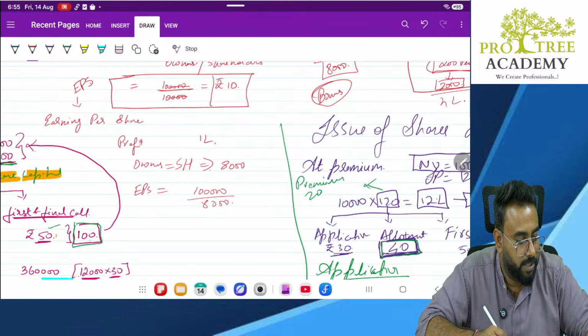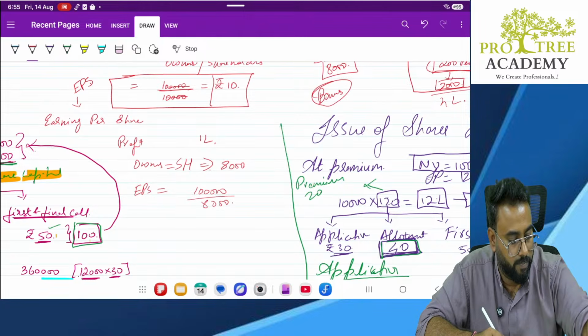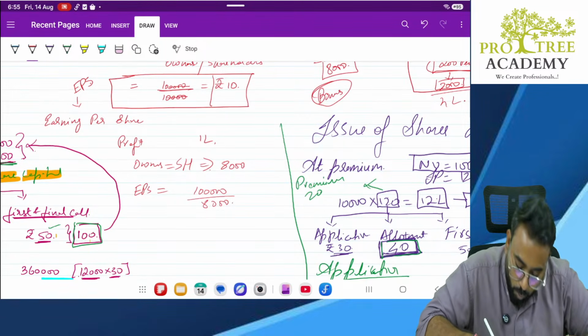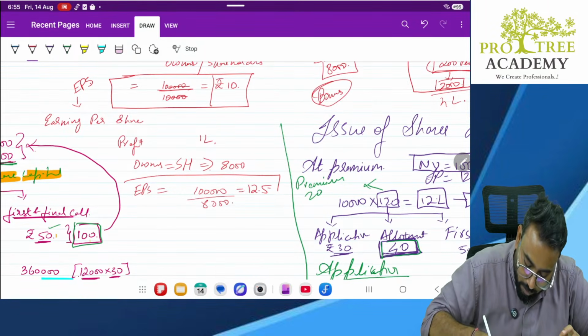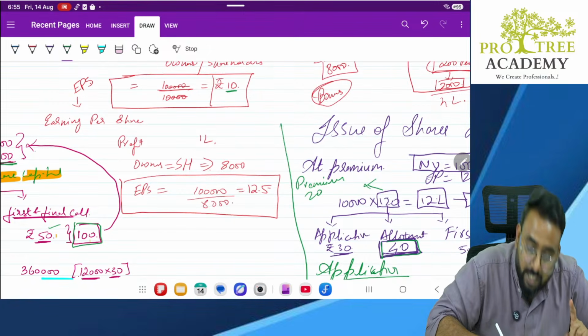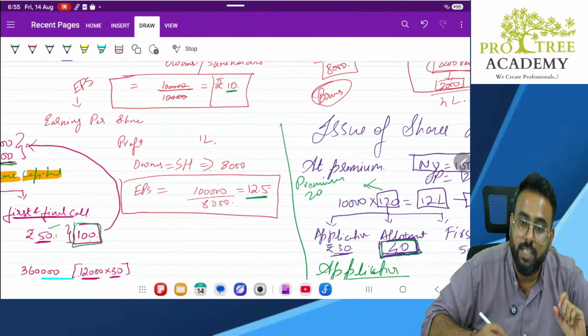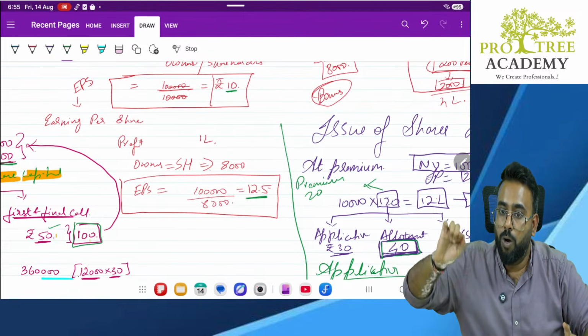Can anybody calculate for me? 12.5. Now, look very carefully. Here, what was the earning per share? Sir, 10 rupees. Here, what is the earning per share? 12.5, sir.